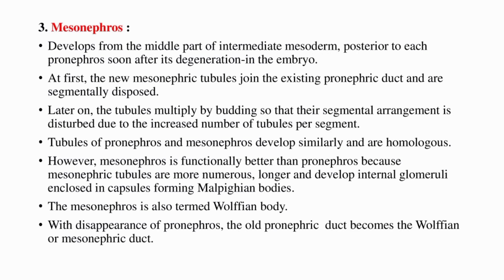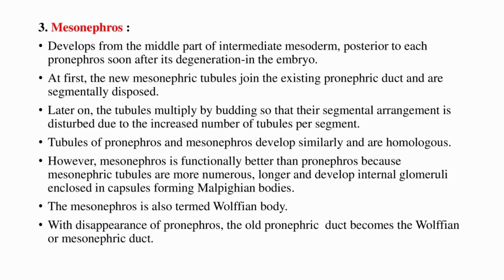Next one, mesonephros, develops from the middle part of the intermediate mesoderm posterior to each pronephros soon after its degeneration in the embryo. At first, the new mesonephric tubules join the existing pronephric duct and are segmentally disposed.